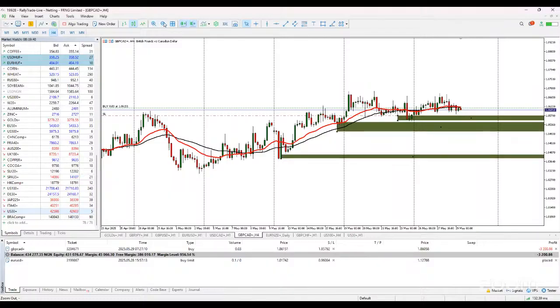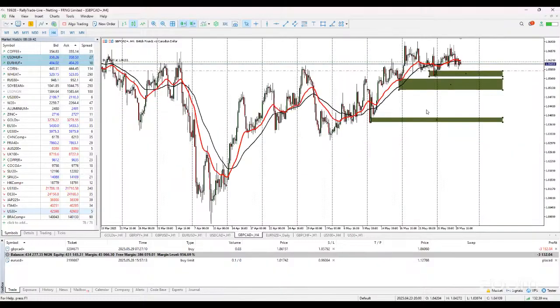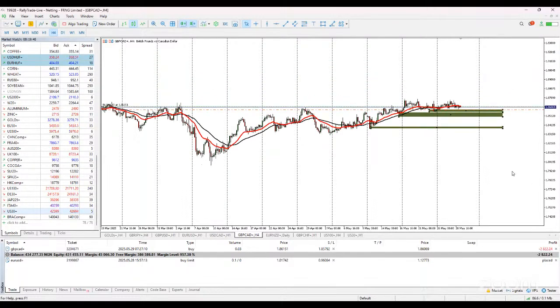So let me just show something very fast. If market reaches this down part, then you can say this market is coming from here. It will pass this place, then reach around this region.